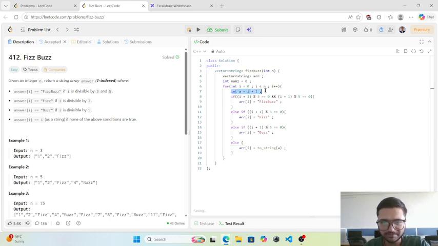So when we have not written Buzz, Fizz or FizzBuzz, we write its index value as a string type. So we write to_string of a, where a is i plus 1.